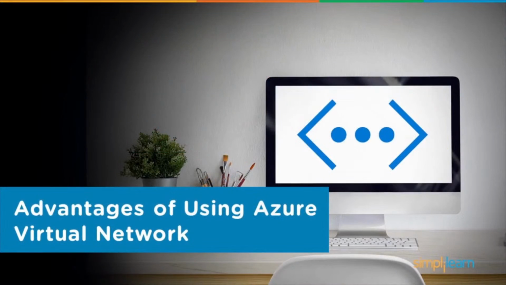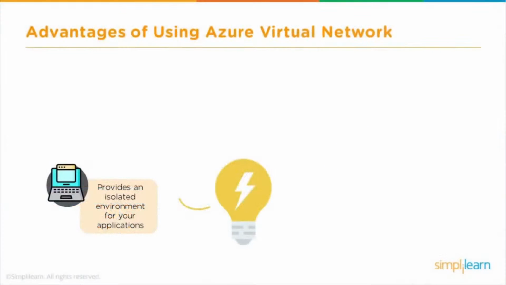Now, what are the advantages of using the Azure Virtual Network? A couple of them: it provides an isolated environment for your application. As I said, it seems like you are working in your on-prem environment, that means within your data center. But ideally it is a virtual space allocated to you, an isolated environment specifically designed for your tasks and activities.